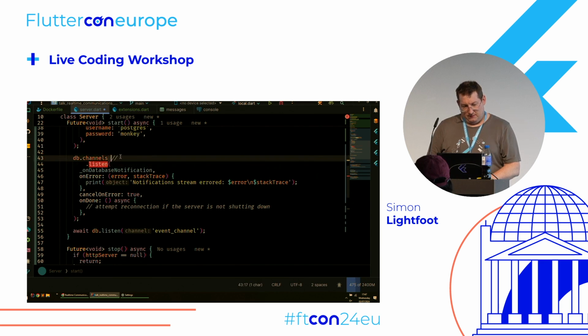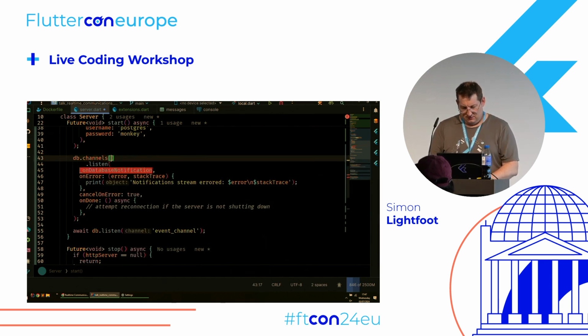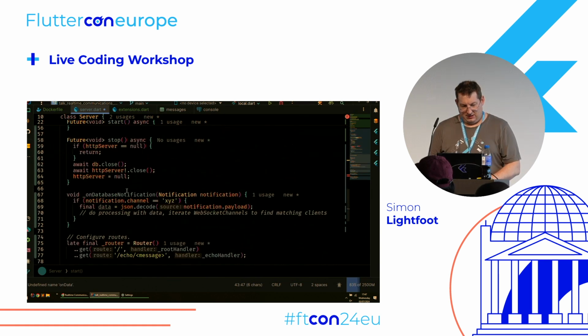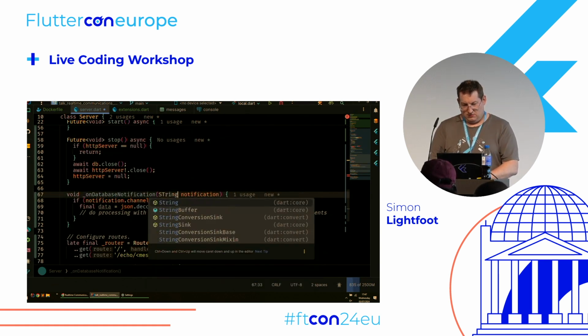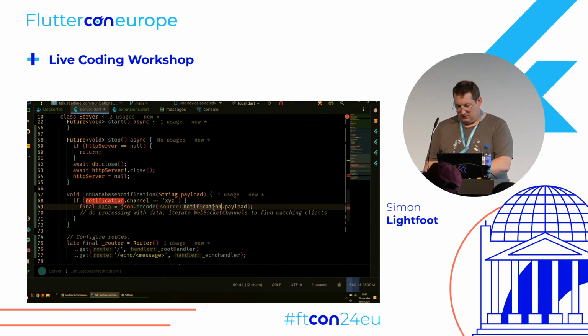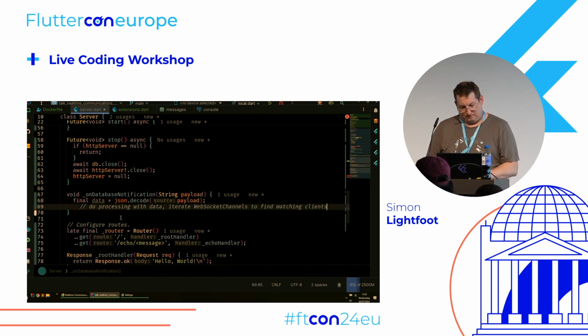I'm going to say it was square brackets. Okay, so now we actually get the payload as a string. We don't have to do the farming out of the events. Obviously, if you wanted to get all the events coming through to one place, you could do that.